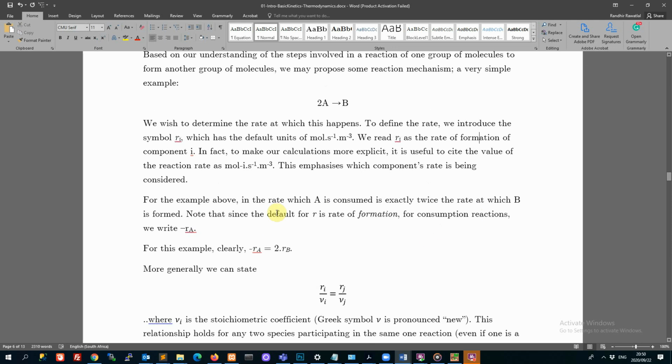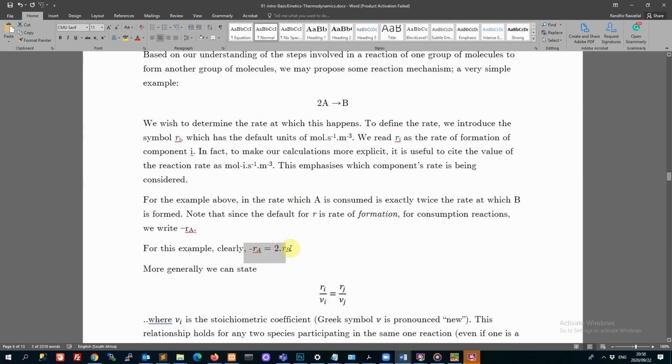And then here, let's just think about this a bit. So we know that's the rate of reaction. And from this, we can see that two molecules of A are combining to give us B. That means every time one molecule of B forms, two molecules of A are disappearing. So that means the rate at which A disappears is twice as fast as the rate at which B is formed.